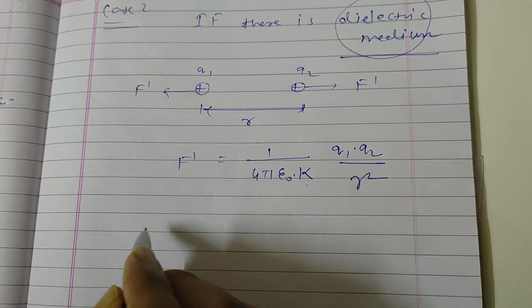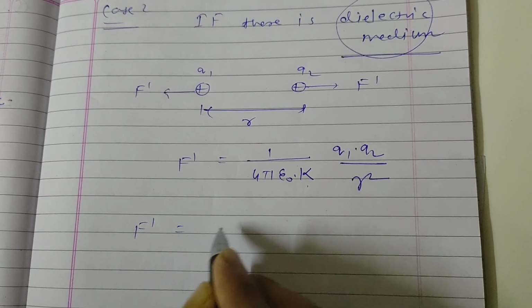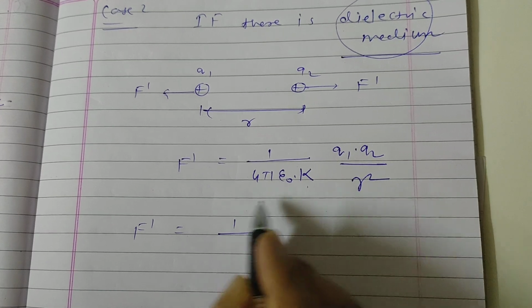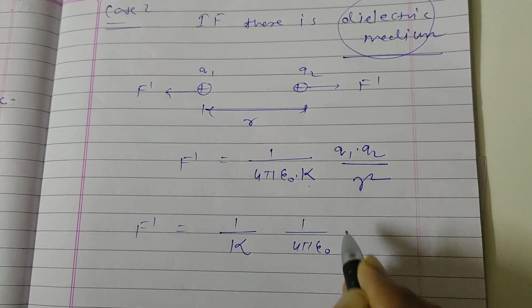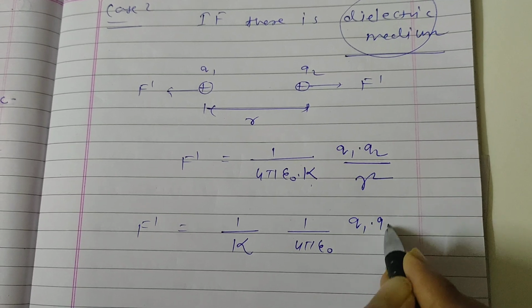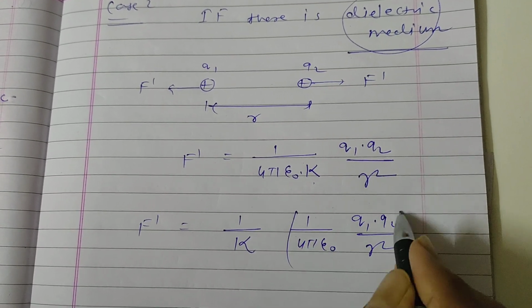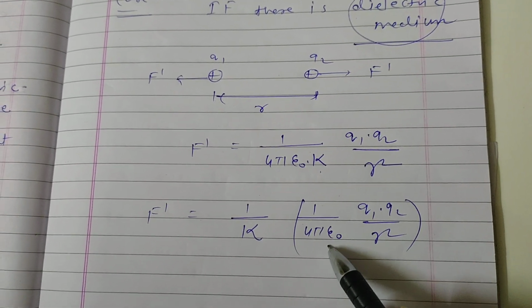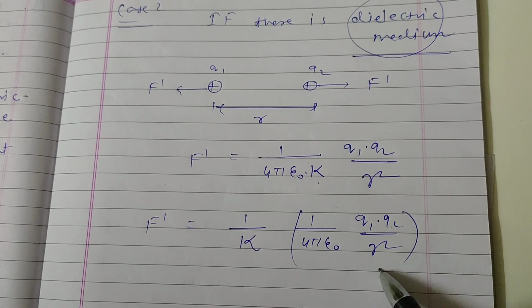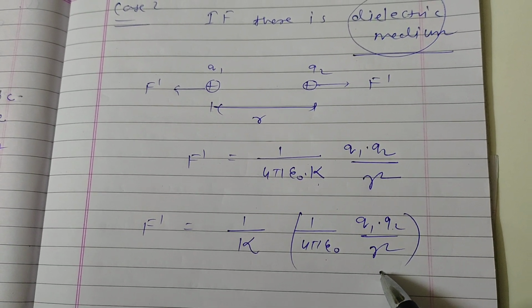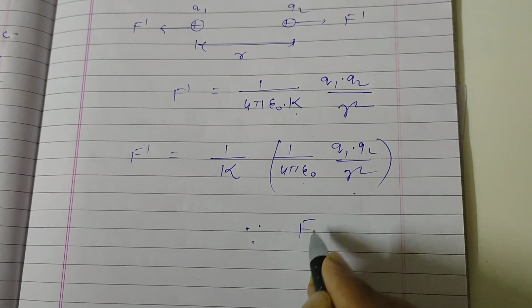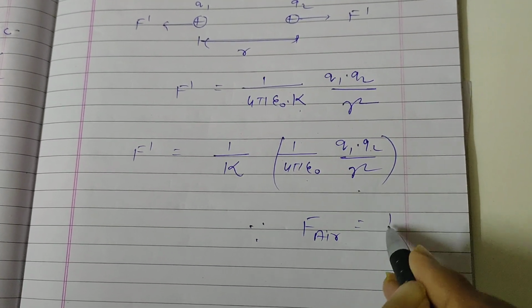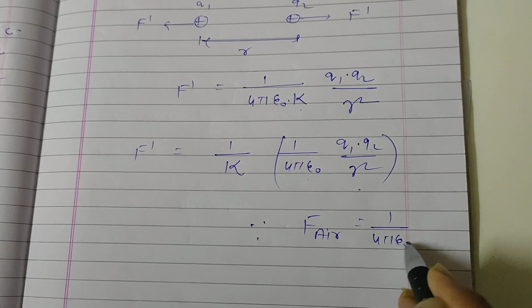If we separate the capital K and combine the other terms together, we see 1 upon 4 pi epsilon naught q1 into q2 by r square, which is the previous formula of electric force in air medium.